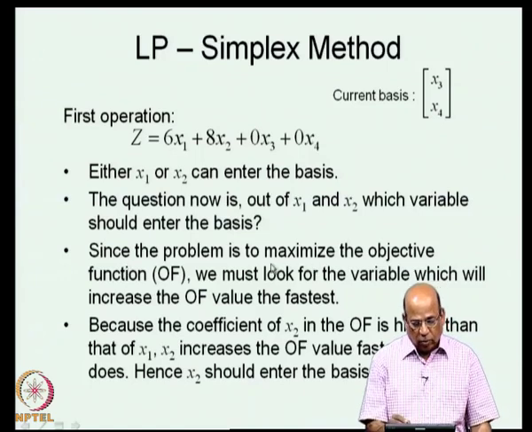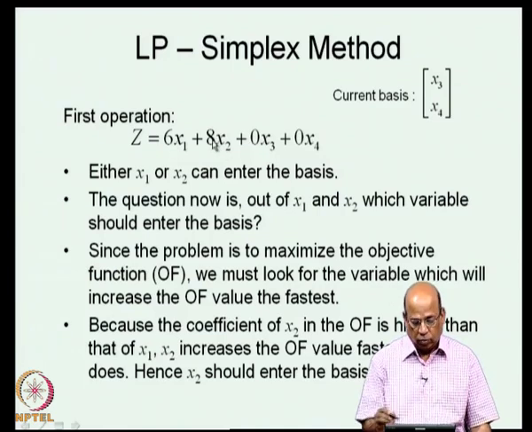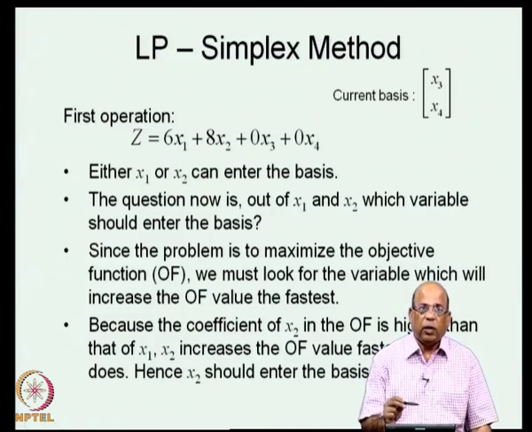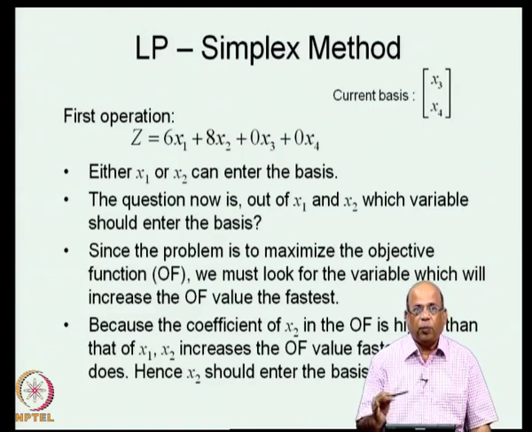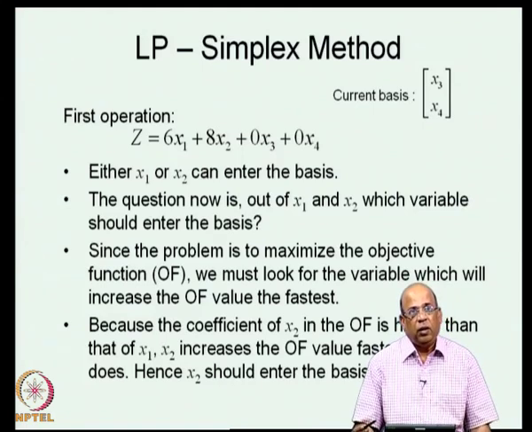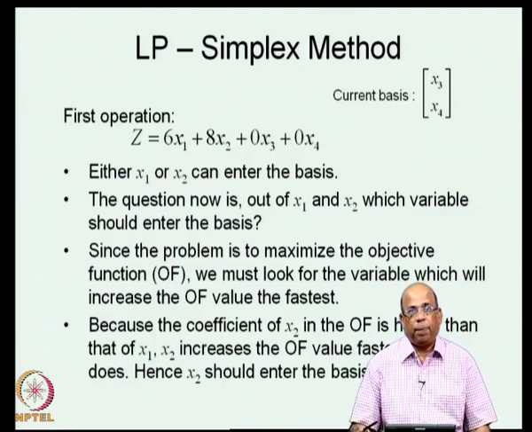Because we are looking at the maximization of the objective function, we must look for that particular variable between x1 and x2 which will increase the objective function value the fastest. In this particular case, because x2 has a higher positive coefficient compared to the coefficient of x1, you bring in x2.